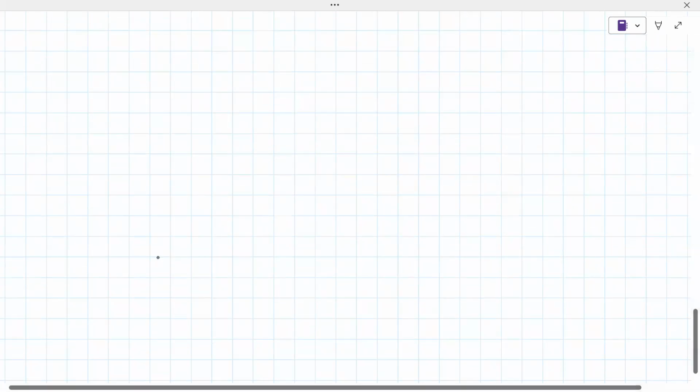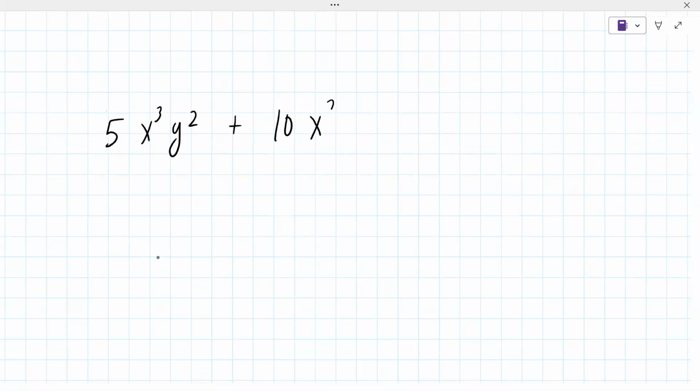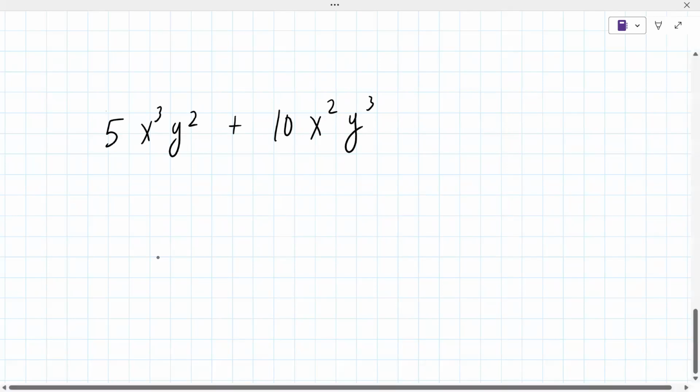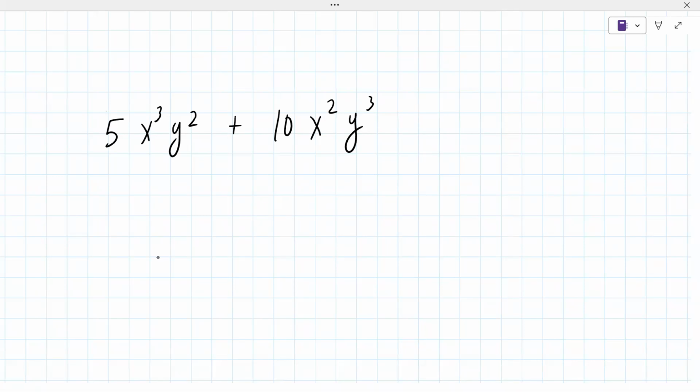All right, let's try another one here. Let's try 5x cubed y squared plus 10x squared y cubed. What goes into both?